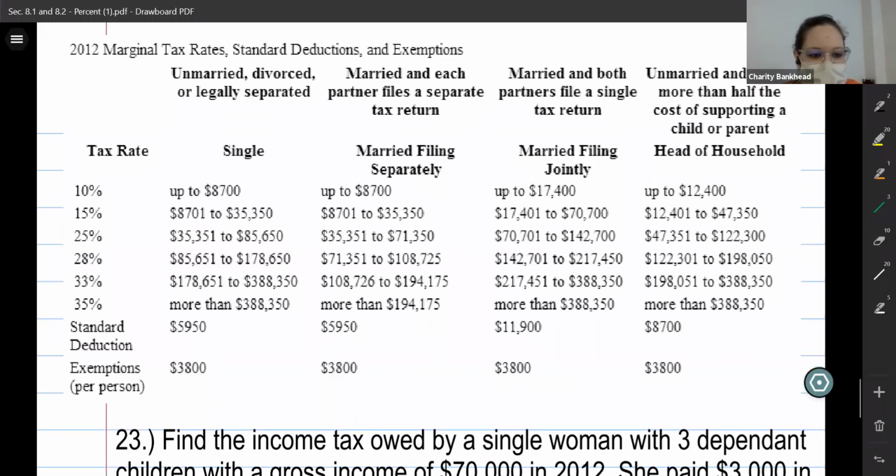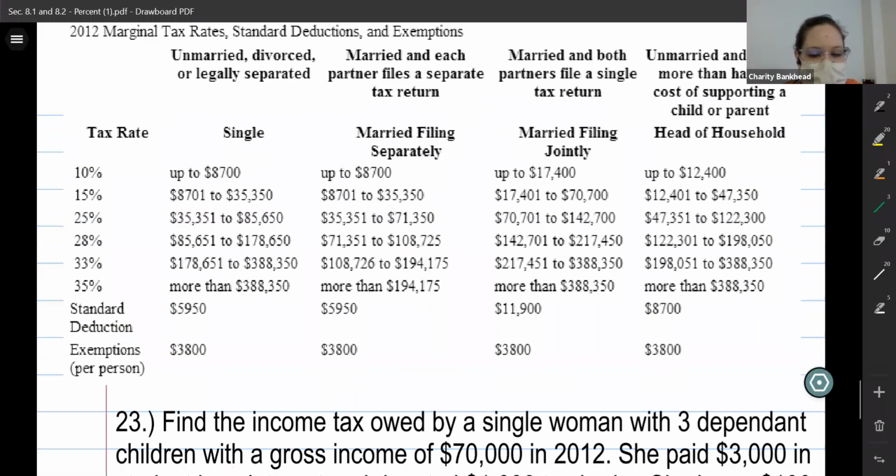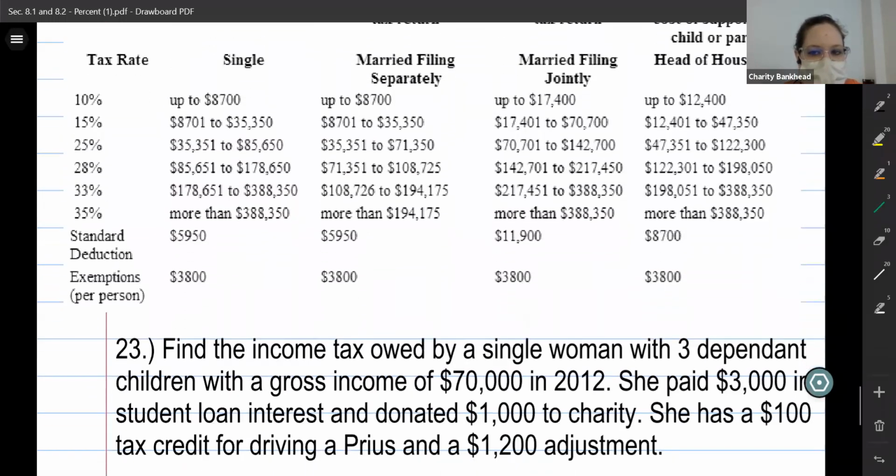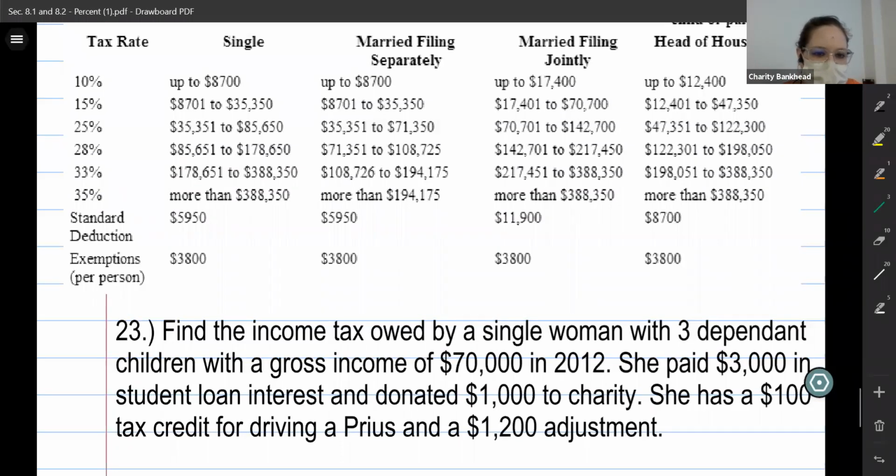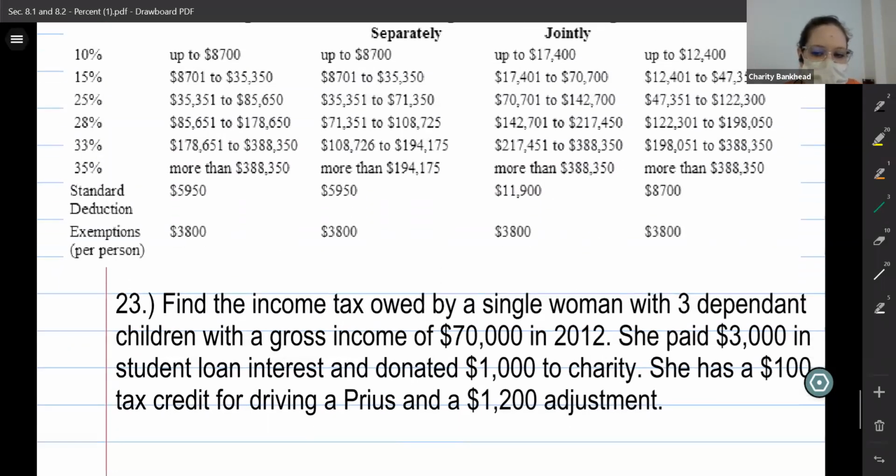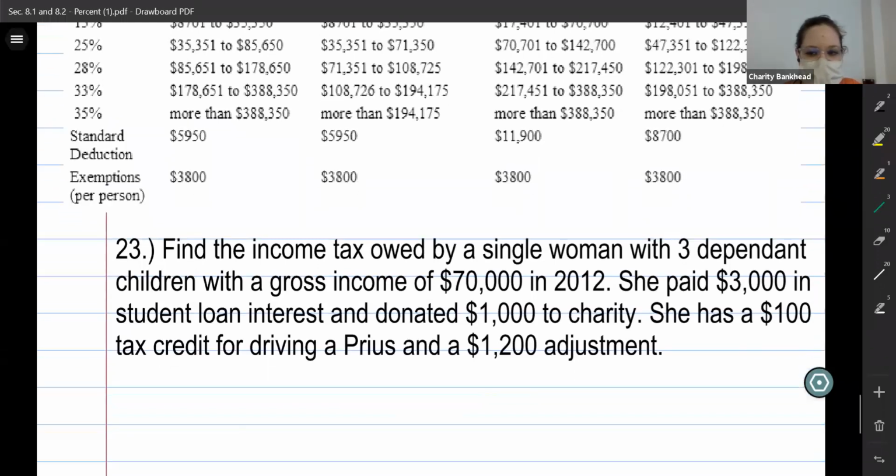All right, so we want to figure out if she's going to use the standard deduction or her itemized deductions.